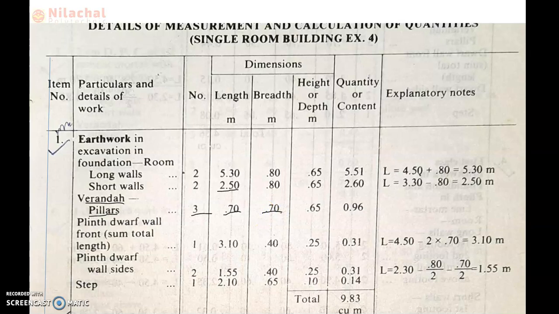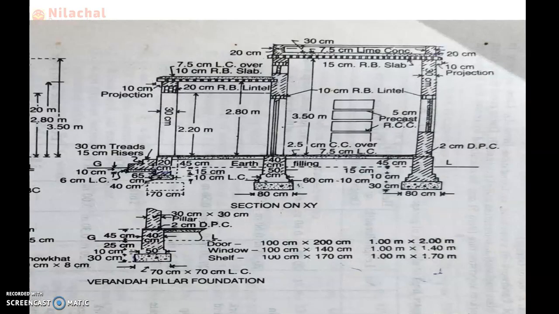Then after that we go through the height part. We know we consider the height from the bottom of the foundation to the ground level. Here the distance from the bottom of the foundation to the ground level is 30 plus 10 plus 25.